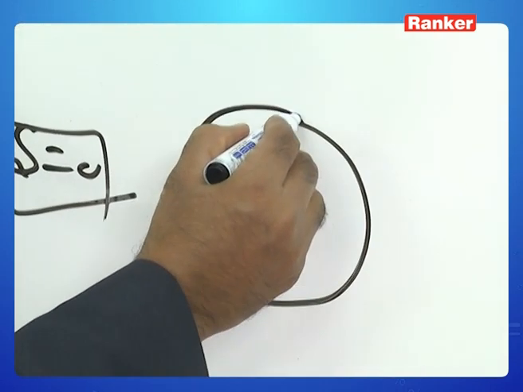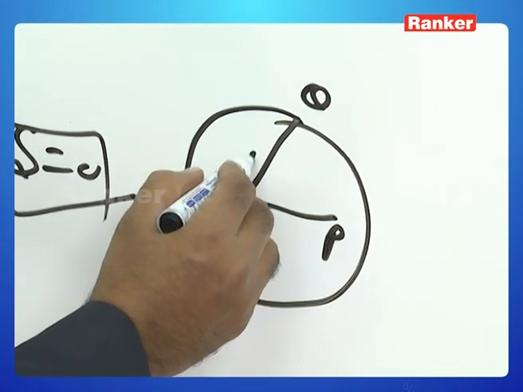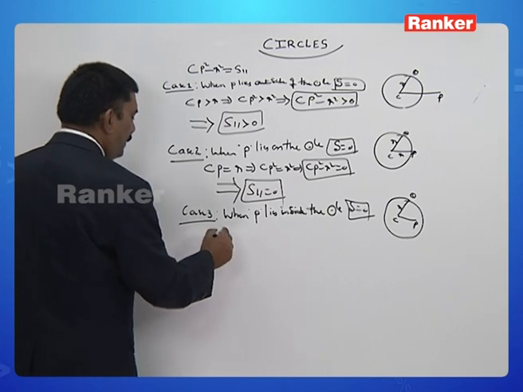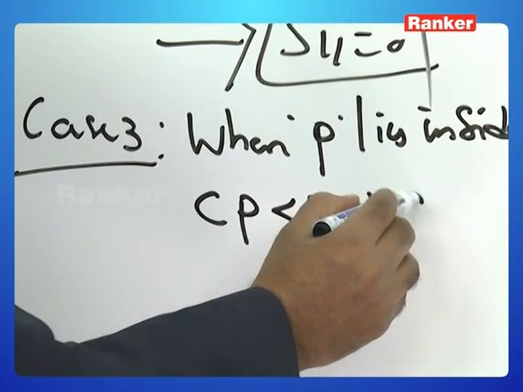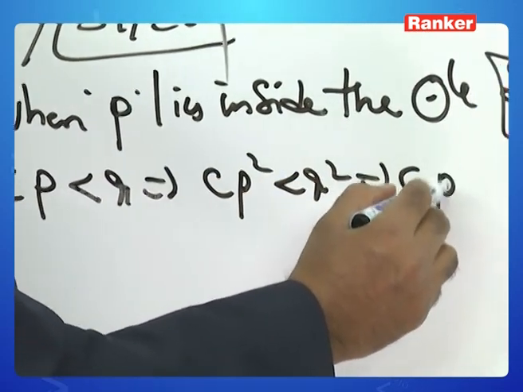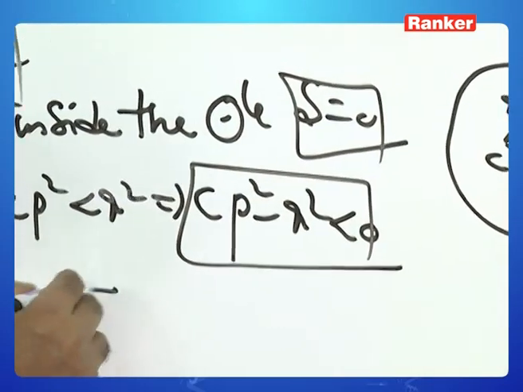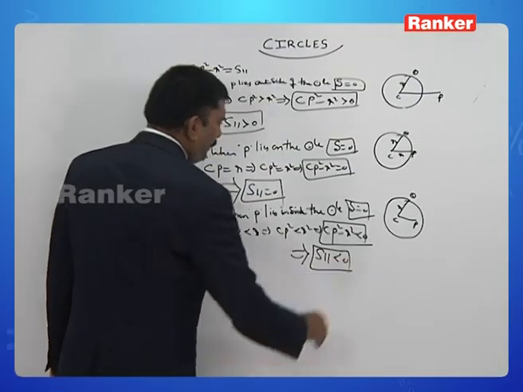C is the center, this is Q, and I take this as P. This is the radius. You can very well observe from the figure CP is less than R. Therefore, CP square is less than R square, which implies CP square minus R square is less than 0. Nevertheless, I can write S11 is less than 0.